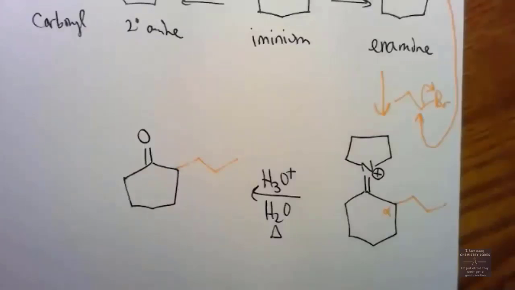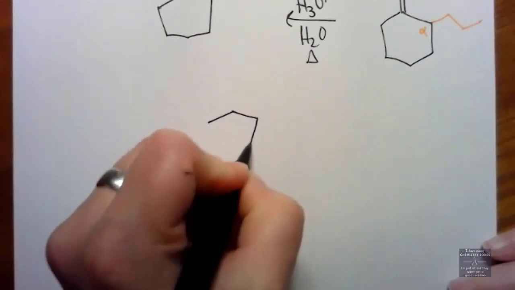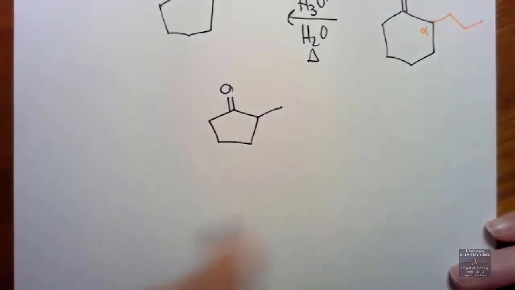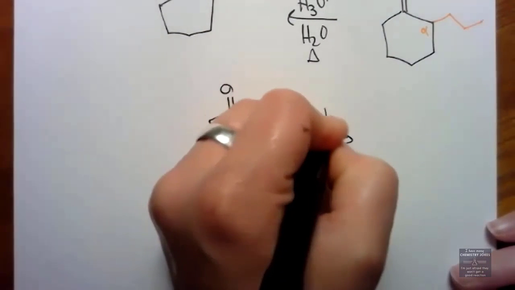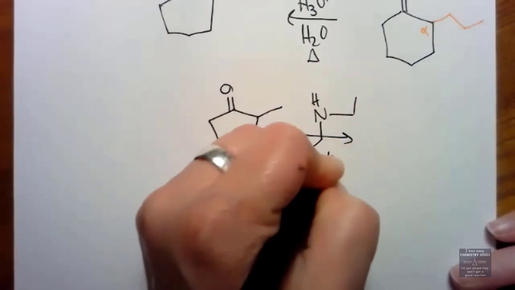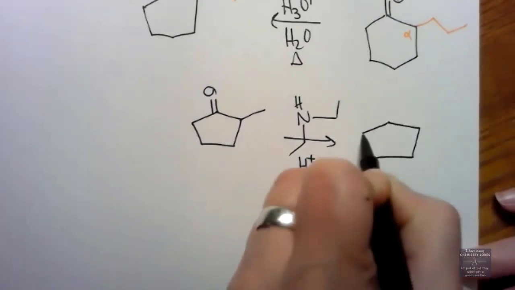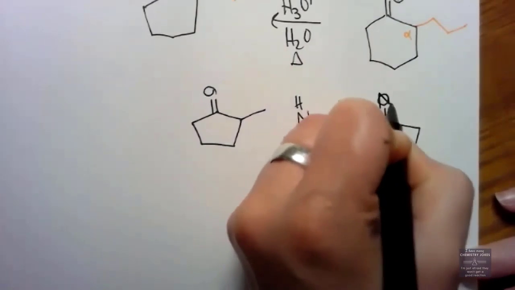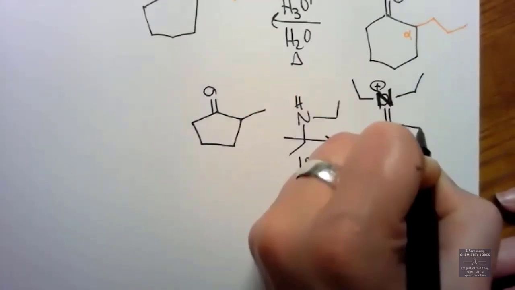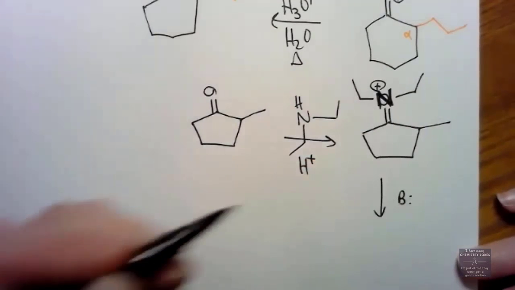Let's see. If I were using that very ketone that I just showed, when you add a secondary amine, it doesn't matter what that secondary amine is, we're just making it up over here, at your iminium step, some base is going to take a hydrogen.